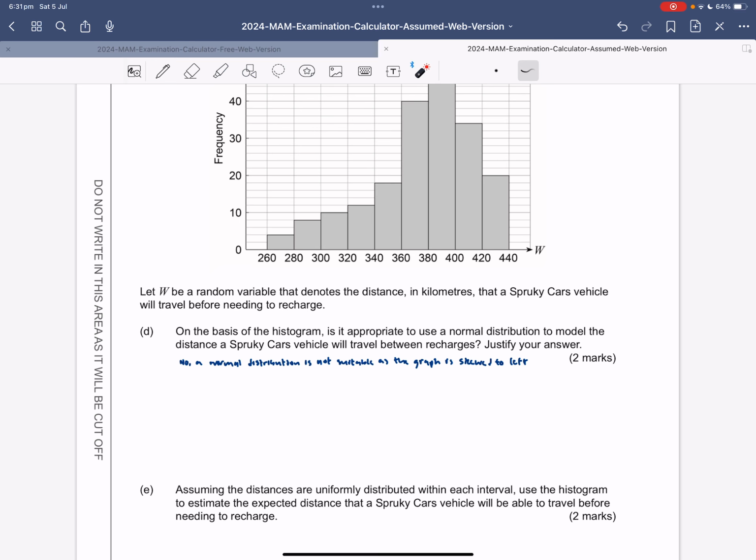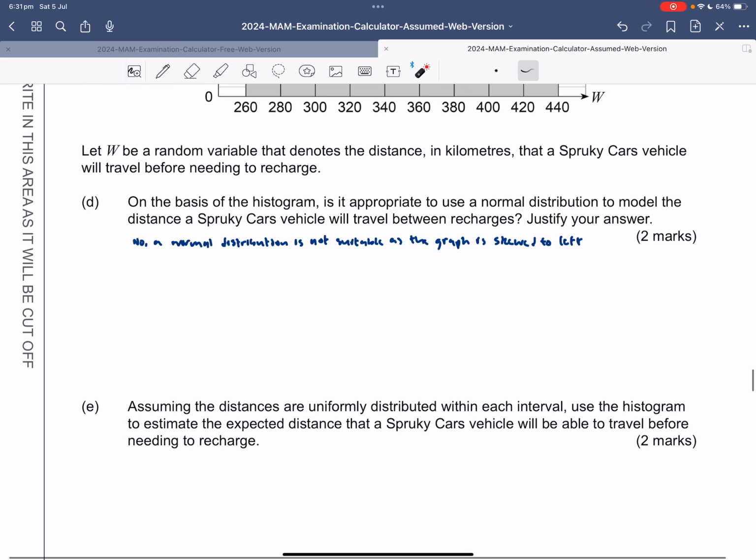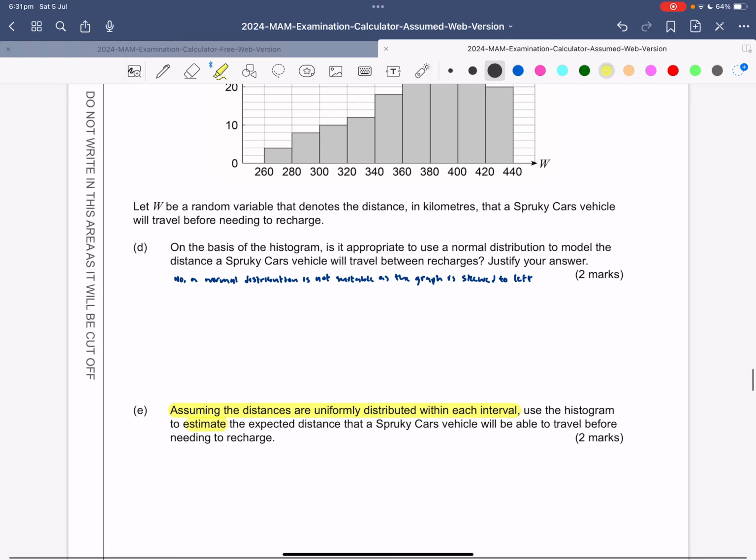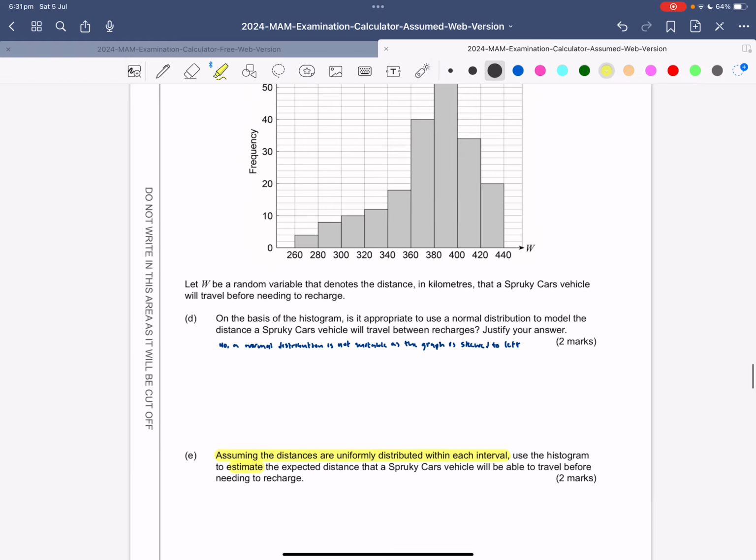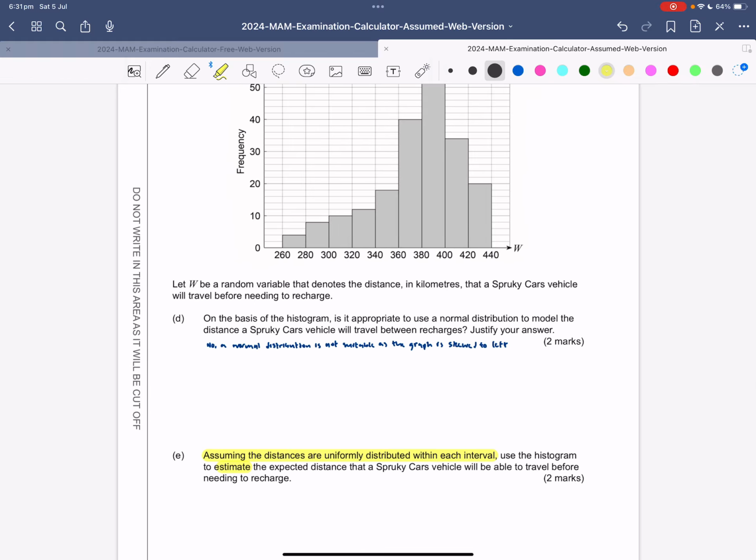So anyway, we have to estimate the expected distance that a Spruky car will be able to travel. The reason why it is an estimate is because we're assuming the distances are uniformly distributed within each interval. Honestly, it's a lot of work for 2 marks. I was surprised that they even asked this.